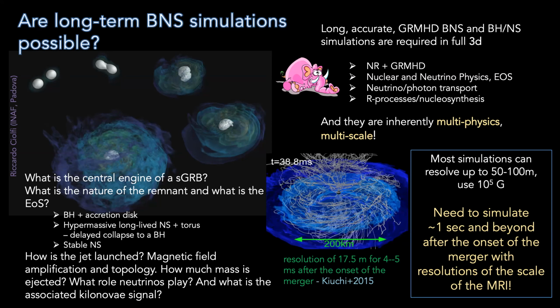It's an inherently multi-physics and multi-scale problem. The resolution to really nail down the physics here is incredible. So we have to resolve the scale of the magnetorotational instability, not just the scale of the gravitational wave, which is larger.